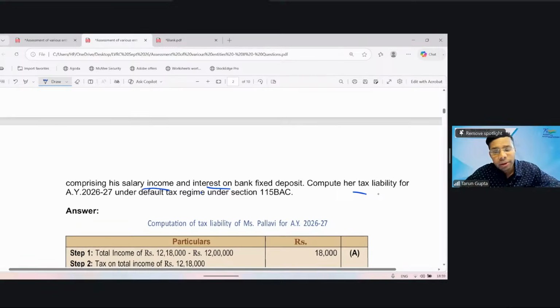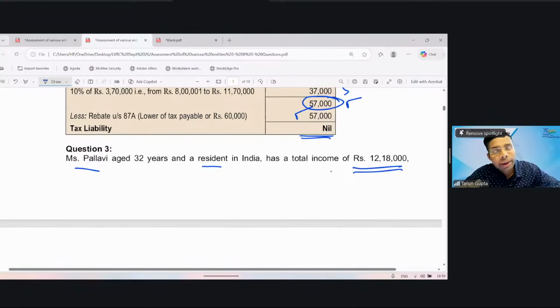Compute her tax liability. I compute the tax liability on 12 lakh 18,000, but I will not give the benefit of rebate. Why? Because she satisfies two conditions, she is an individual and she is a resident, but the third condition is not satisfied, which is that the total income should be 12 lakh or below. Here the total income is 12 lakh 18,000.